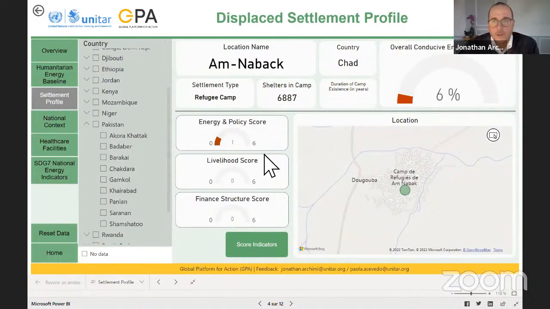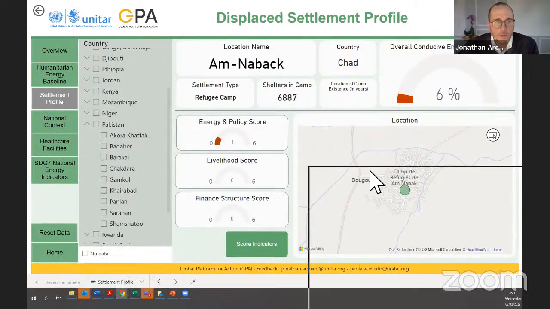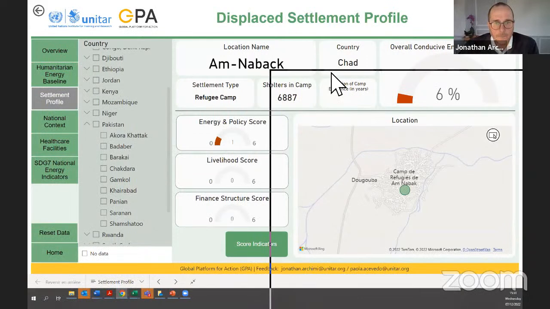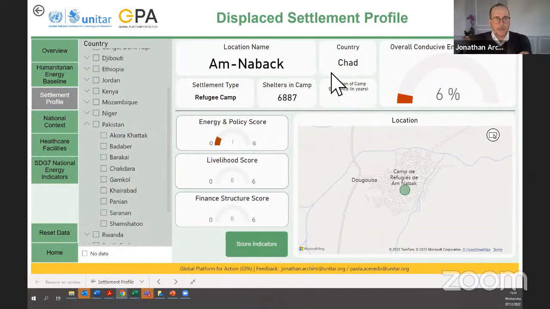Those are, as I said, data presented where we could access information. That information was provided to us. So this is not meant to show a complete and comprehensive list of camps in the world.